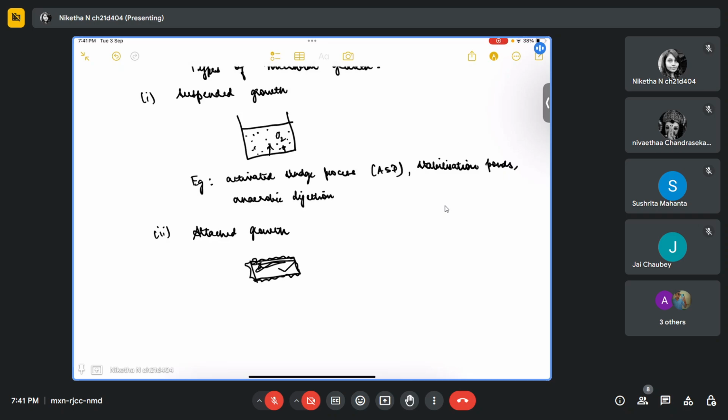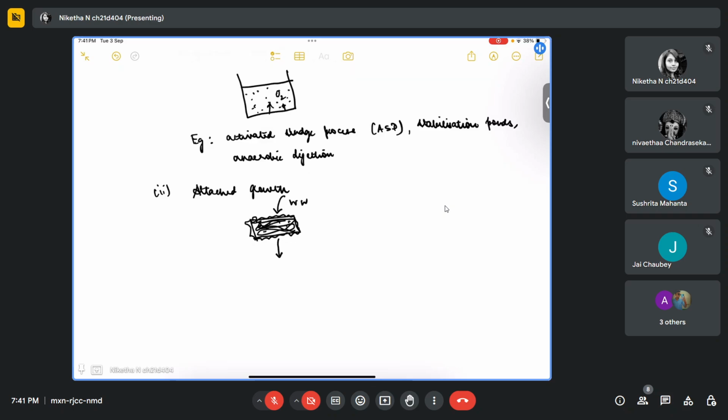So imagine this is completely covered in microbes, and when this media comes in contact with wastewater, the organics present in the wastewater will get degraded by the bacteria on the surface of this media, and the wastewater passing through it will have lesser organics than the inlet water.